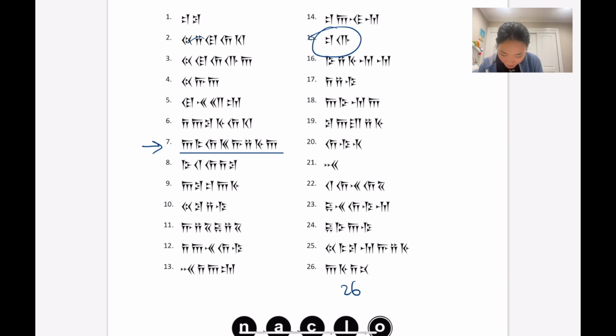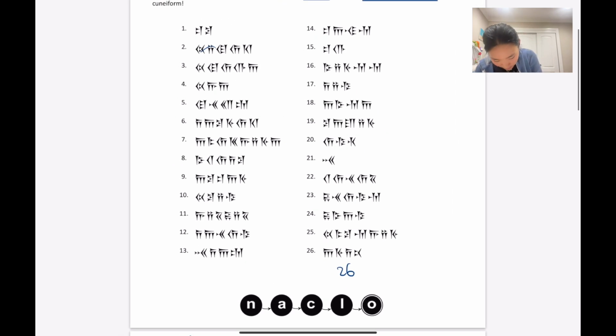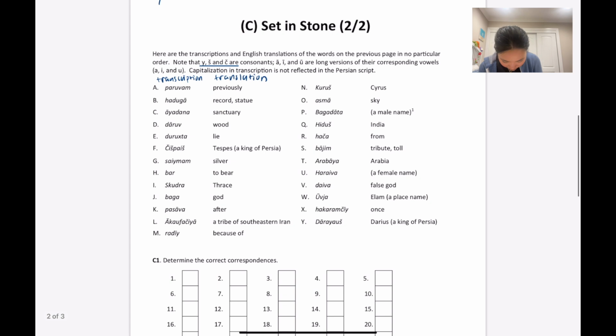And so maybe we should start here, because it's usually easiest to start from huge ones or small ones, because those are distinctive factors. And remember that the NACLO people want you to solve the problem. They're not trying to trick you. Or they're trying to trick you sometimes, but they want you to have a starting point. And so these are usually good starting points. So let's start with number 7. What words look weirdly long?